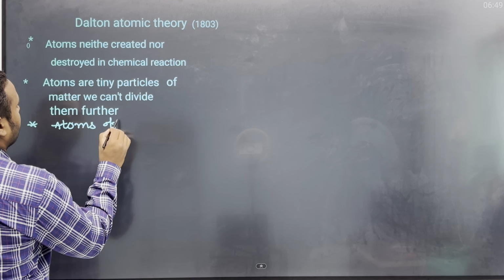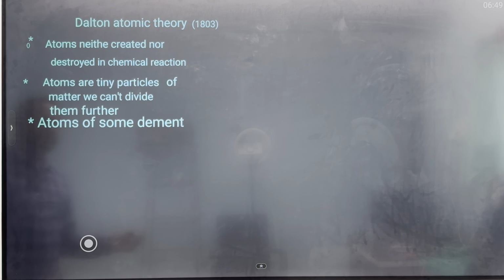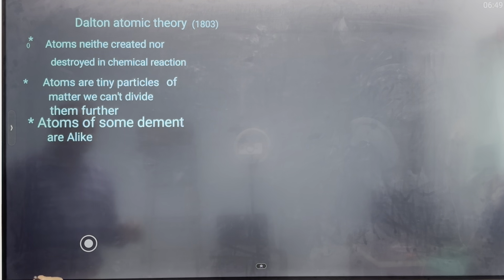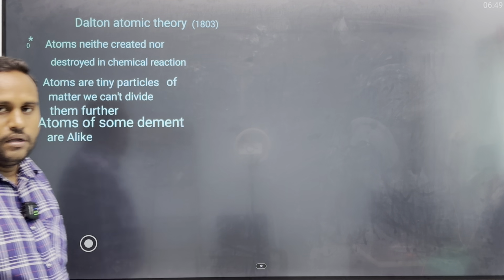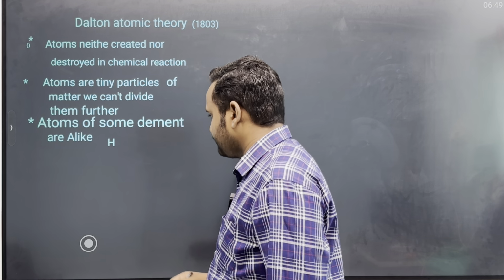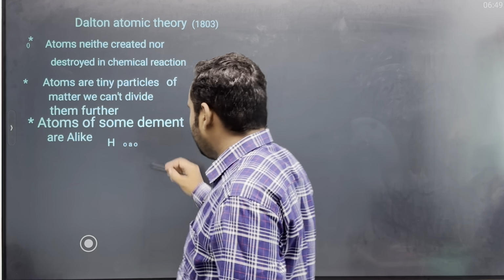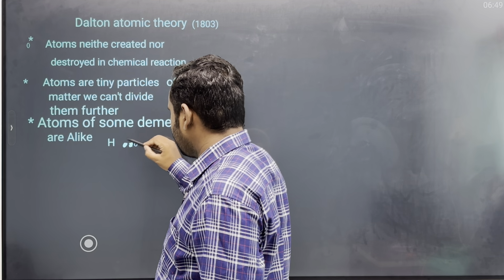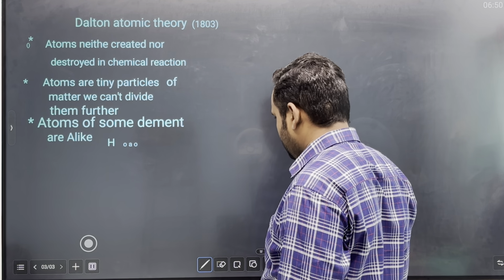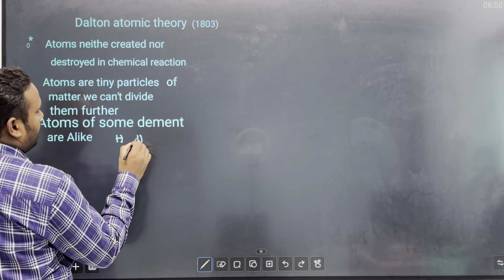Atoms of the same element are alike means, children, if you compare the atoms of hydrogen, for example, just consider these are three hydrogen atoms.